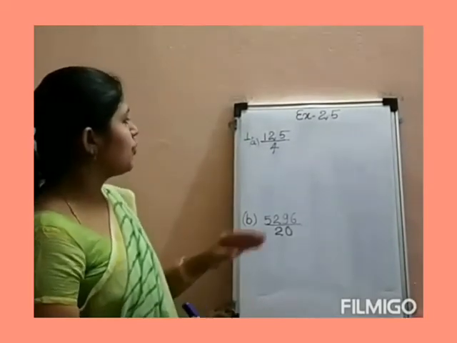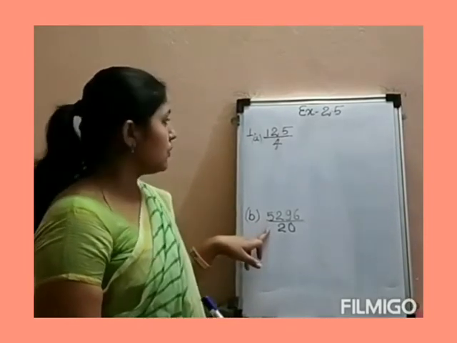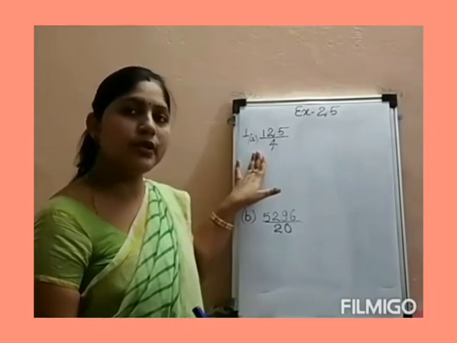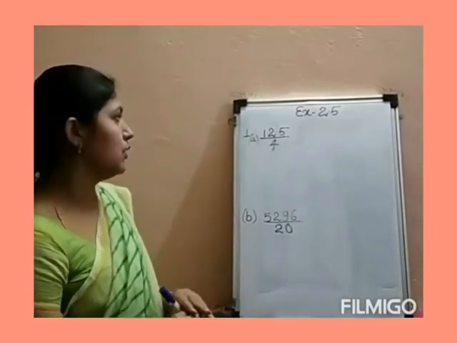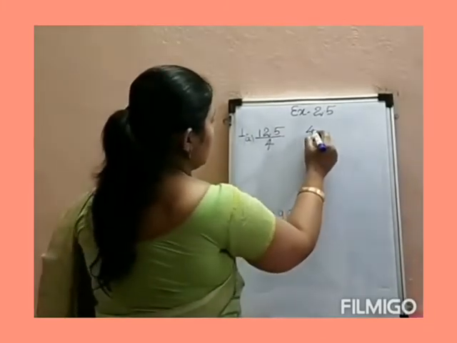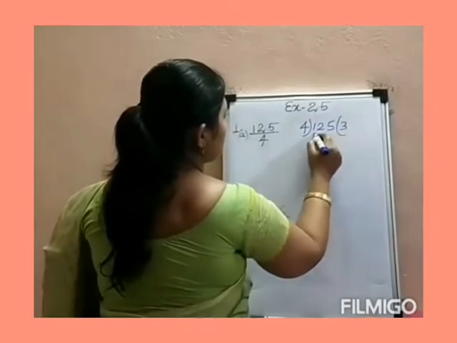Here is exercise 2.5, and for the given rational numbers, we need to find out whether these are terminating or non-terminating decimals. So first question is 125 upon 4. Divide 125 by 4. 4 3s are 12.